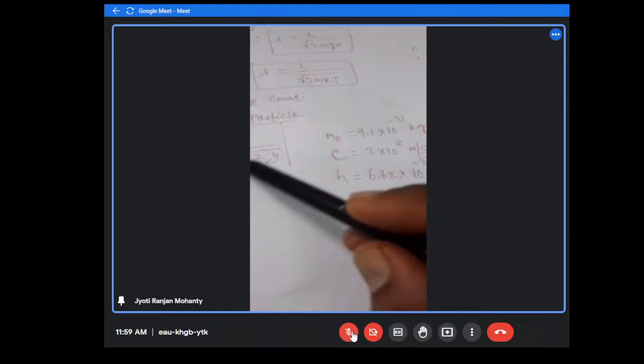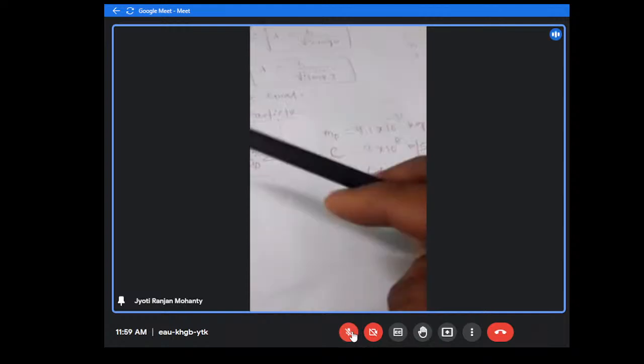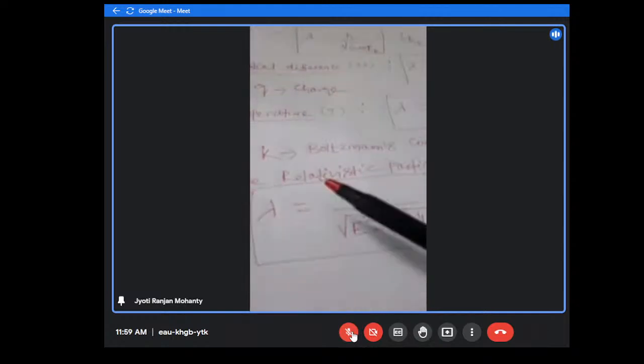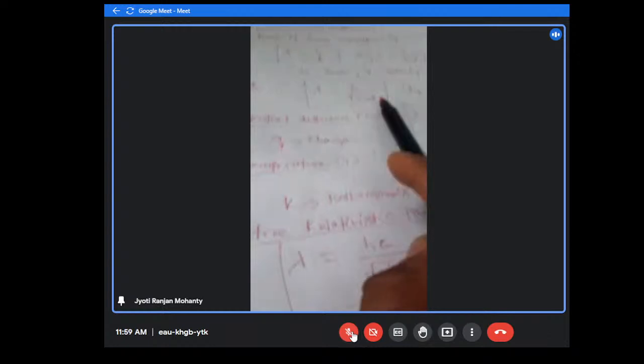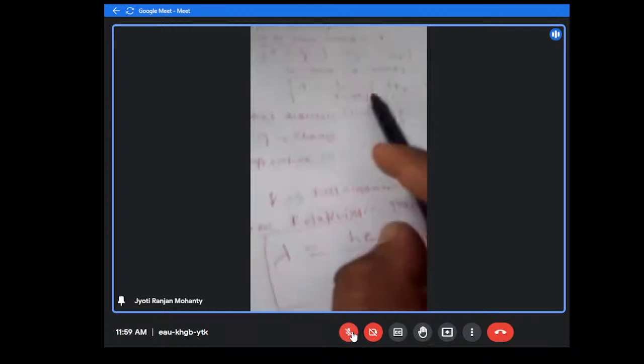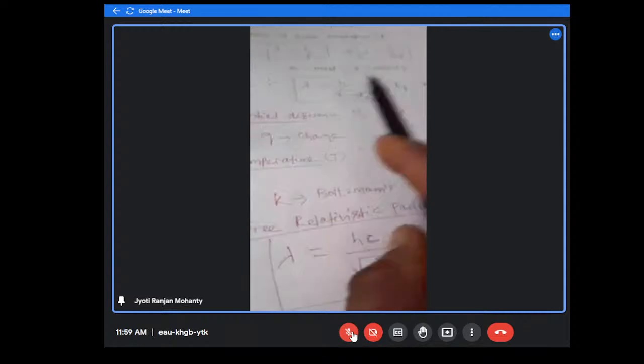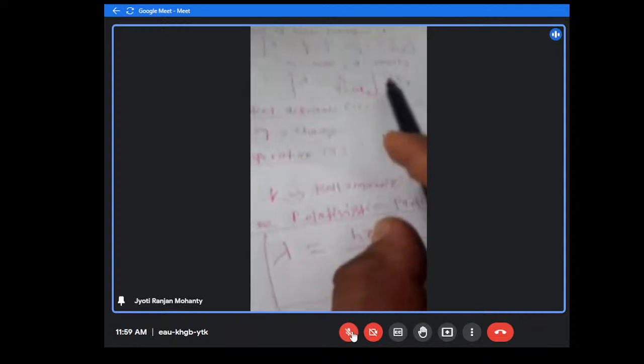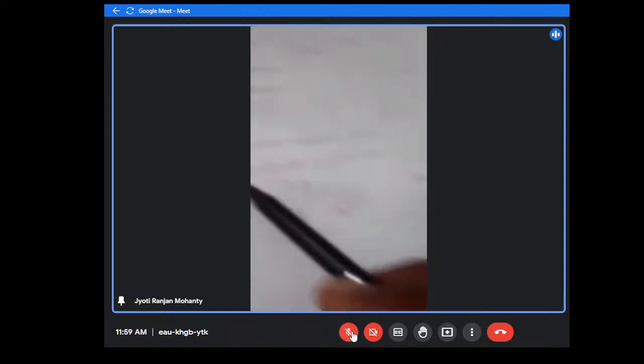Then the question will be asked, what will be the de Broglie wavelength for a free relativistic particle? There will be confusion. If energy is given, many students apply the formula lambda is equal to h by root of 2m into Ek. This is wrong, because here Ek means kinetic energy should be given, but the question is for a free relativistic particle.